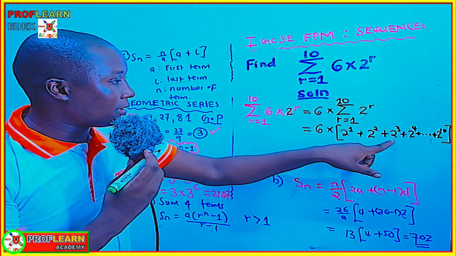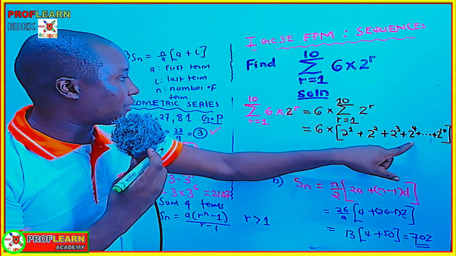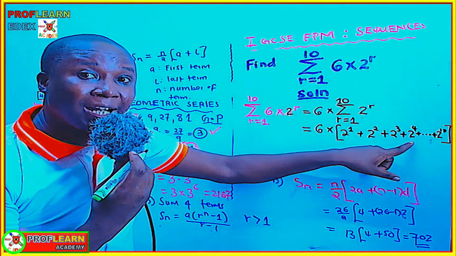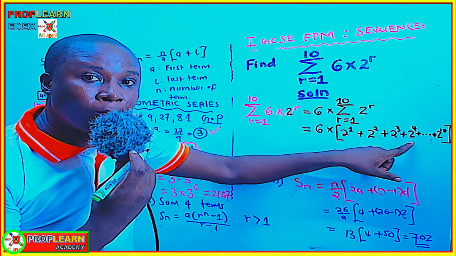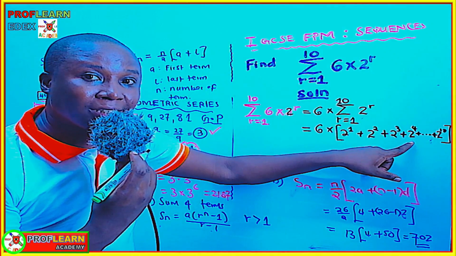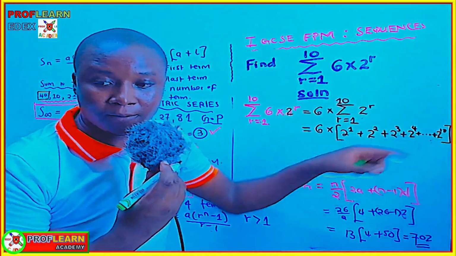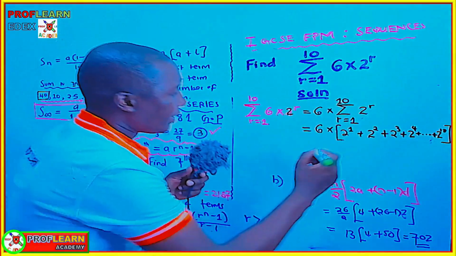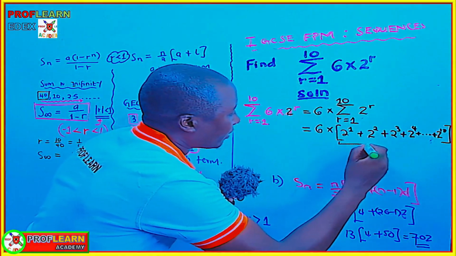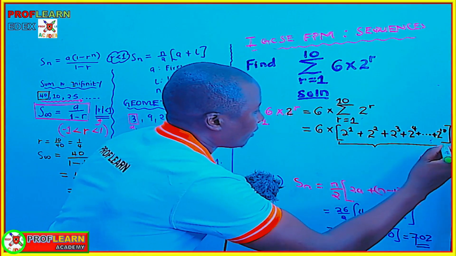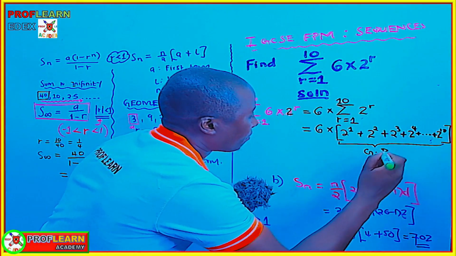When r is 3, 2 raised to power 3. When r is 4, 2 raised to power 4. When r is 5, 2 raised to power 5. When r is 6, 2 raised to power 6. It will continue like that until 2 raised to power 10. Now, whatever we are having at this point is a geometric progression.